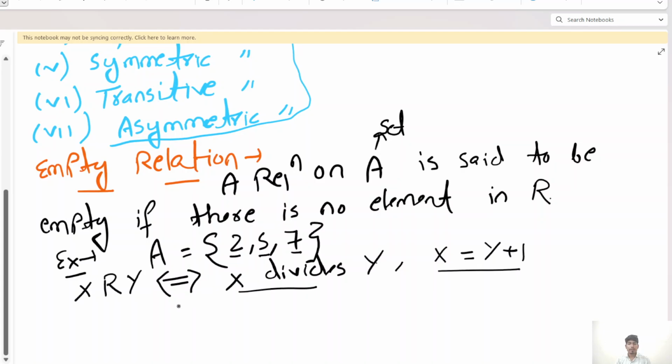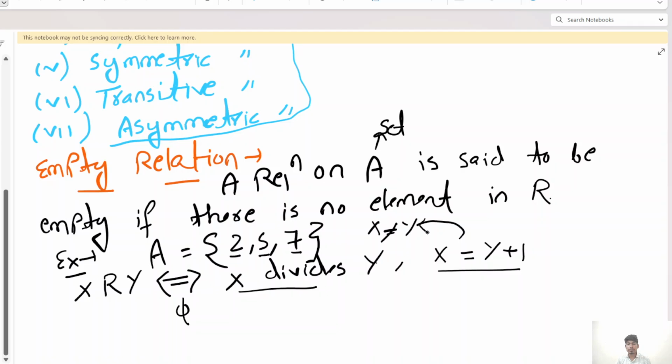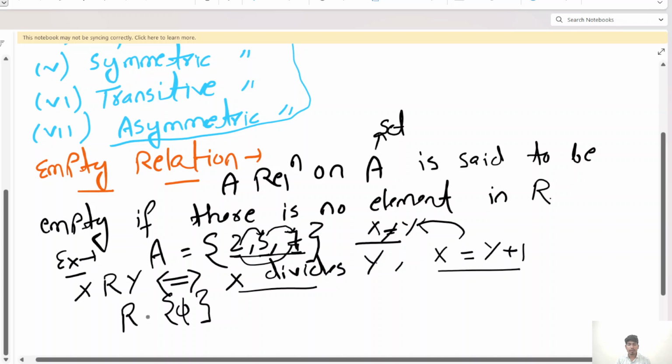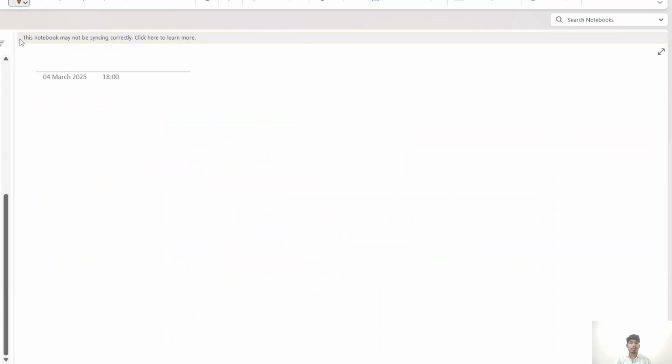Then this is our empty set, because x is not equal to y. Here 2 does not divide 5, 5 does not divide 7, and 2 does not divide 7; none of them divide each other. So R is the empty set, an empty relation. Okay, then next, the second type.